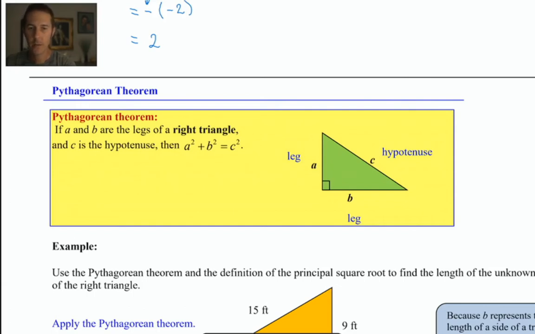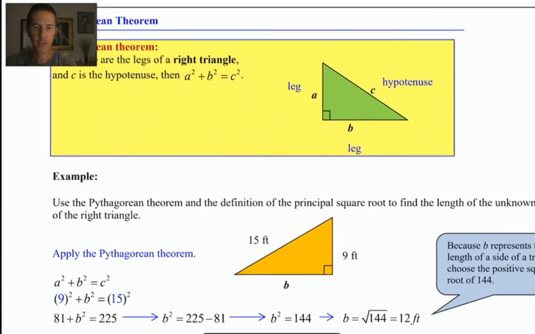And as we traditionally and typically know the Pythagorean Theorem, a squared plus b squared equals c squared, a and b are the leg lengths, and c is the length of the hypotenuse. Now it doesn't matter which leg gets labeled with an a and which one gets the b, as long as those two are used to label the leg lengths. Let's have a look at an example.